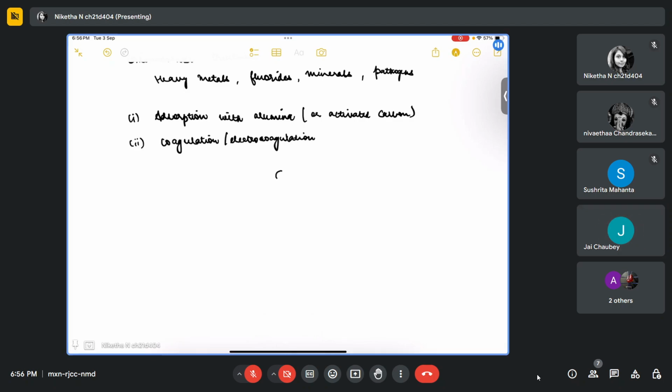See, generally carbon will not have many pores, okay? But when we subject carbon to high temperatures, almost 1000 degrees Celsius or so, the carbon will form some pores on the surface, okay?